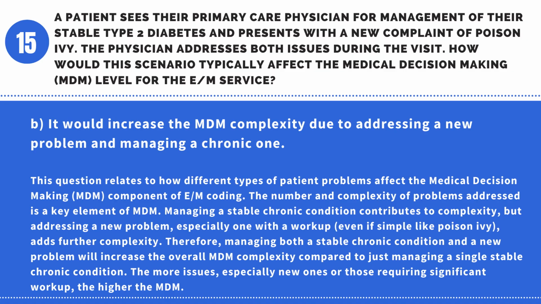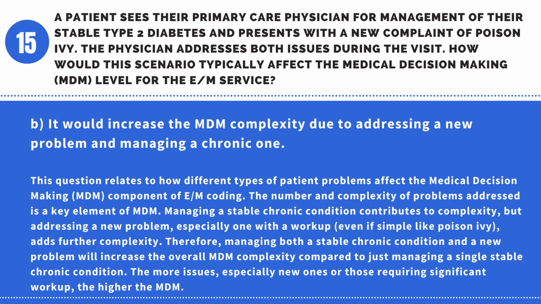Answer: B. It would increase the MDM complexity due to addressing a new problem and managing a chronic one. This question relates to how different types of patient problems affect the medical decision-making, MDM, component of E/M coding. The number and complexity of problems addressed is a key element of MDM.